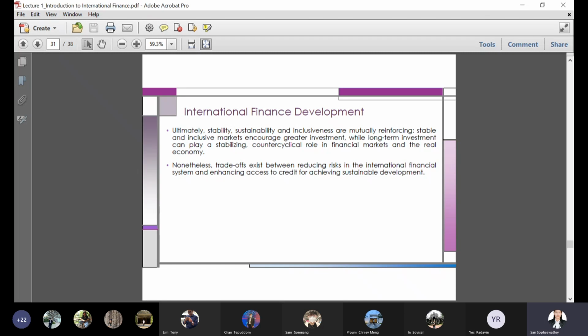So even though we want to have the three objectives together, it's hard. It's a trade-off between minimizing the risk and increasing access to credit for sustainable development. So it's hard for policymakers to make decisions.